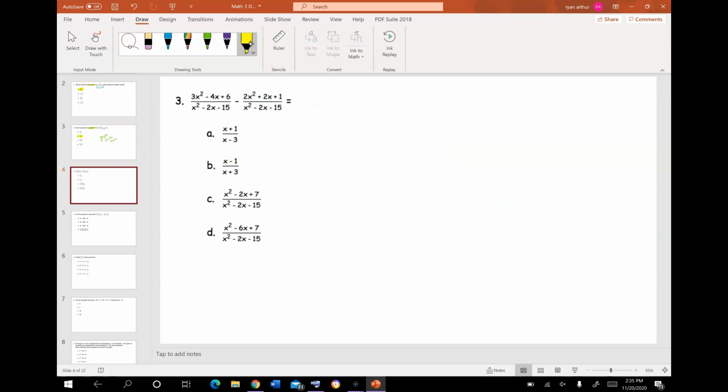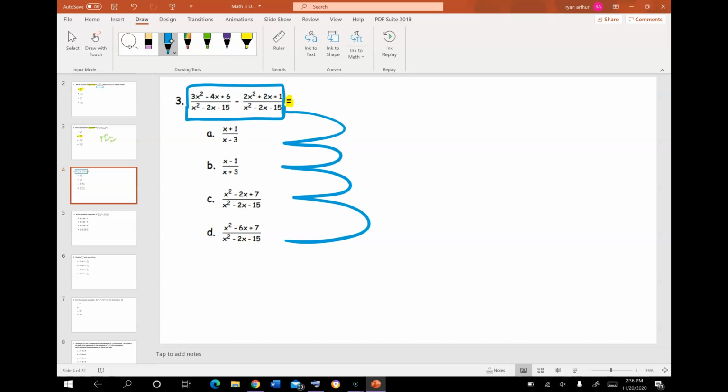Okay, next. This one is a subtraction problem. It's the same thing though. This one doesn't say equivalent expression, but you see that equal sign right there? That means equivalent. Equal means it's the same. So again, it's going to be the same graph. You're looking for which graph is going to look the same as that entire expression, so you have to type this entire thing in and see which one it matches.